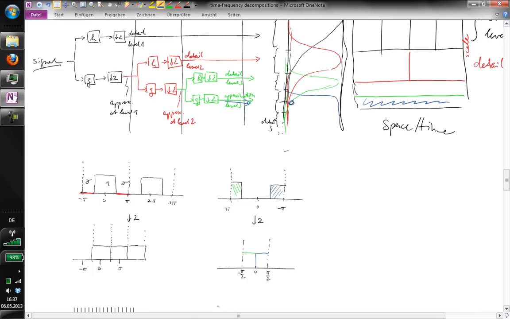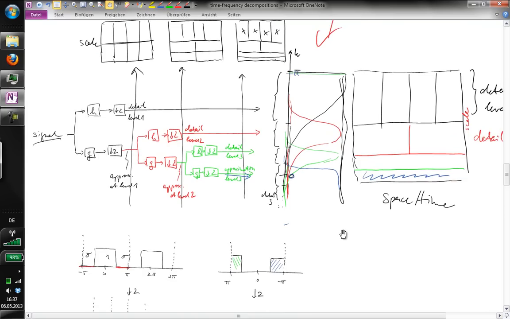The approximation is qualitatively different in the sense that it is a low-pass filter and it has a DC term, and the others are band-pass or high-pass filters and do not have a DC term. I've plotted here the transfer functions, and to account for this fundamental difference, they also have different names.